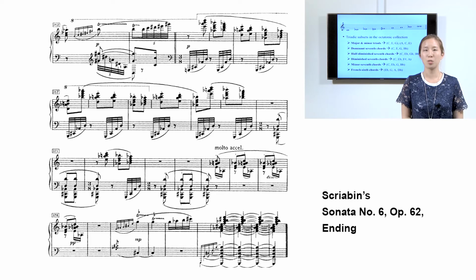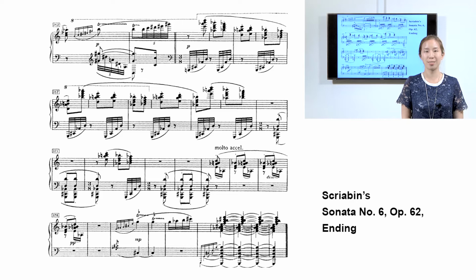In what follows, I'll illustrate how triadic materials are fitted into an octatonic framework with an analysis of the ending of Scriabin's Sonata No. 6, Opus 62. The excerpt begins with bar 365, just after the double bar line.